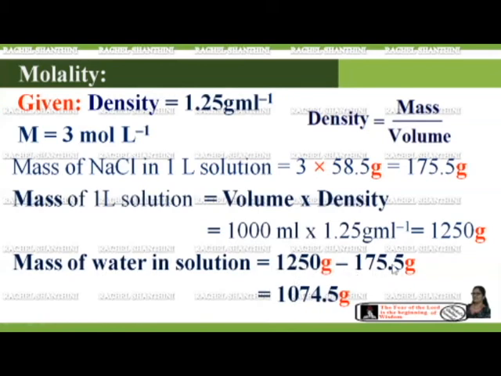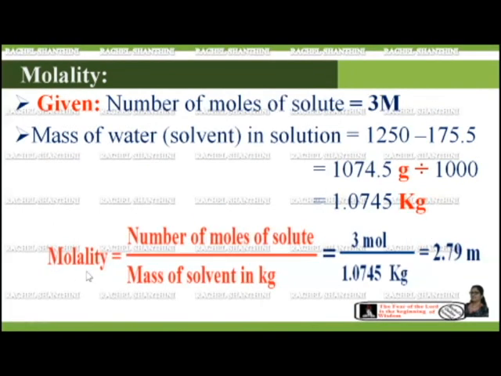If we subtract these numbers, we get 1074.5 grams, which is the mass of the solvent. According to the expression of molality, we have to express the mass of the solvent in kilograms, not in grams. So we need to divide grams by 1000. So 1074.5 grams divided by 1000 gives 1.0745 kilograms.